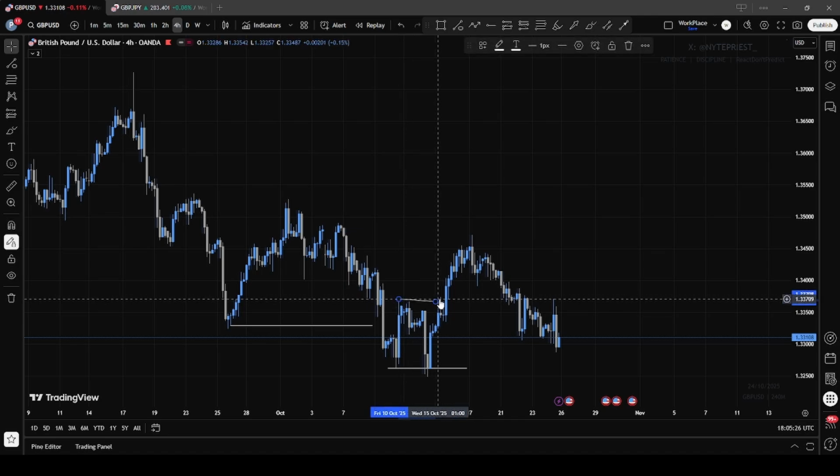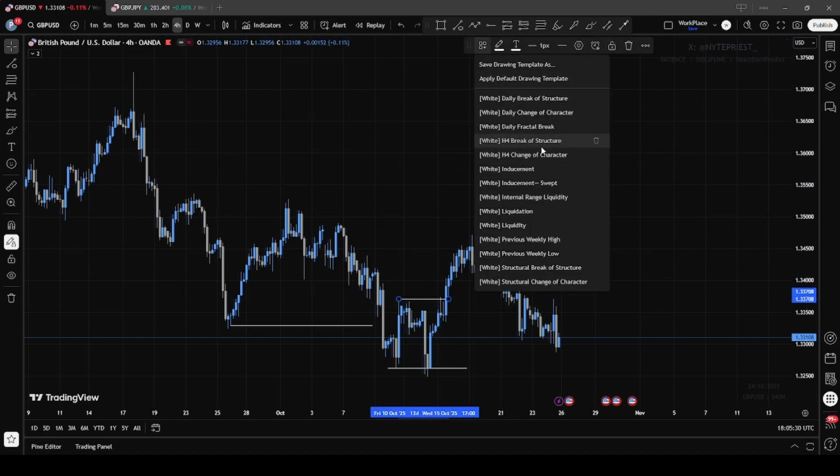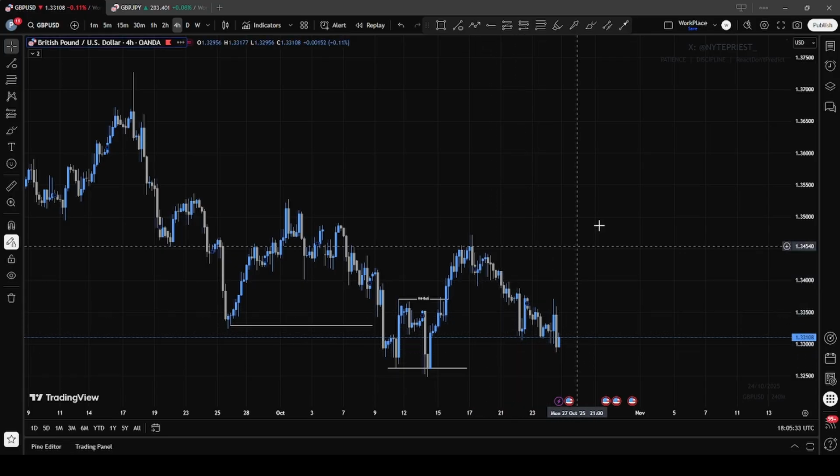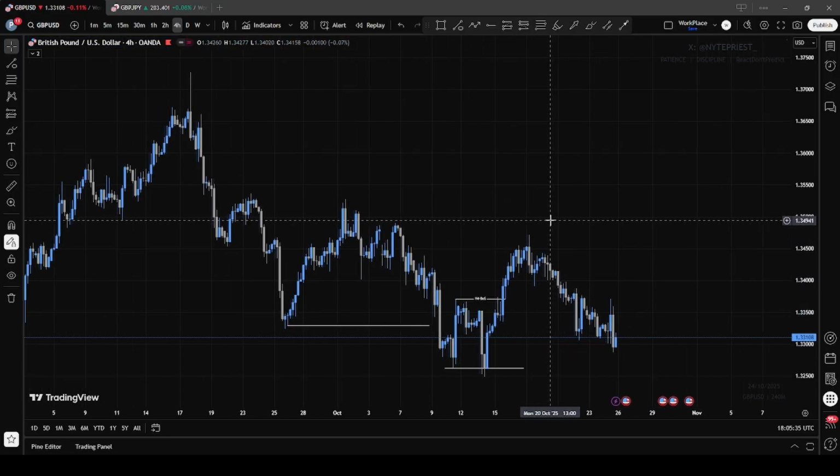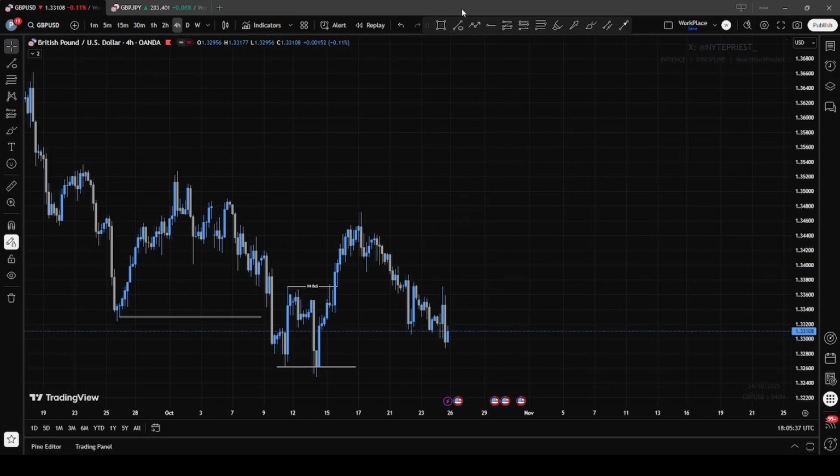this is a break of structure on the 4-hour time frame for me. All right, so I'm having this order block here.